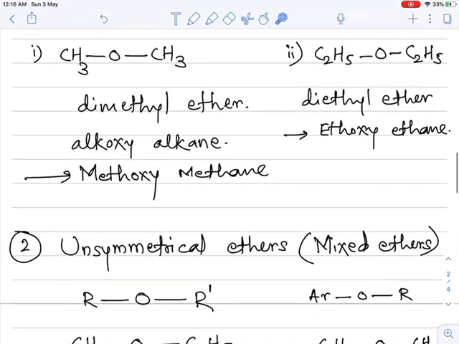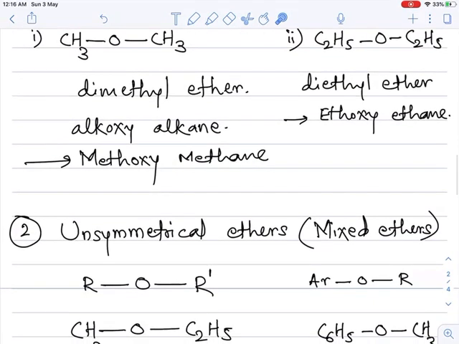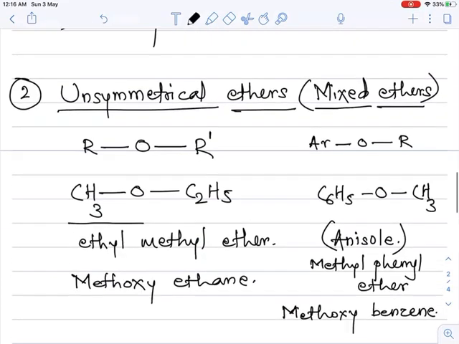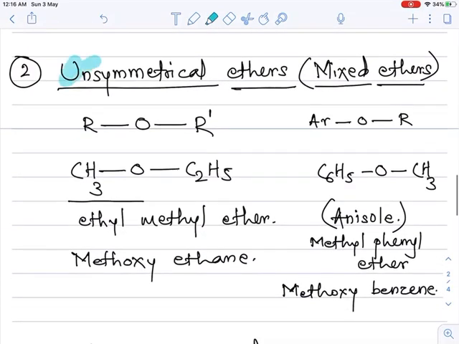Now the next class from the classification of ethers is unsymmetrical ethers, also called mixed ethers. What is meant by unsymmetrical ethers?